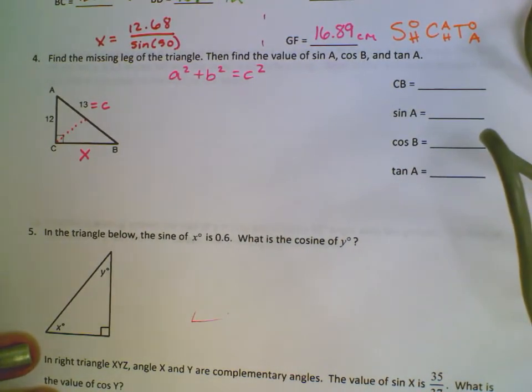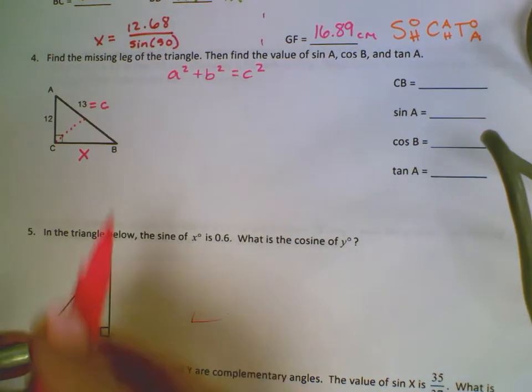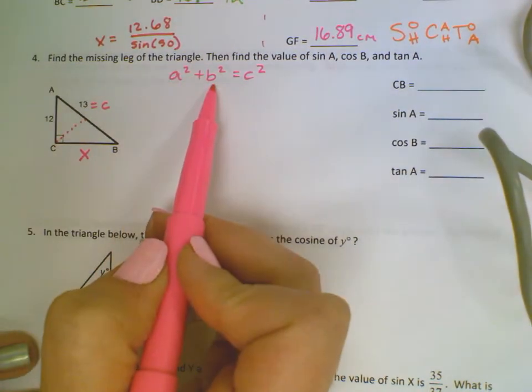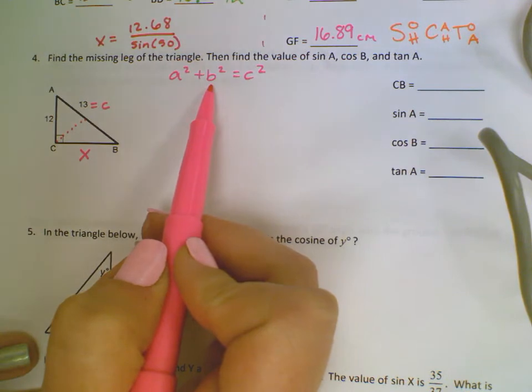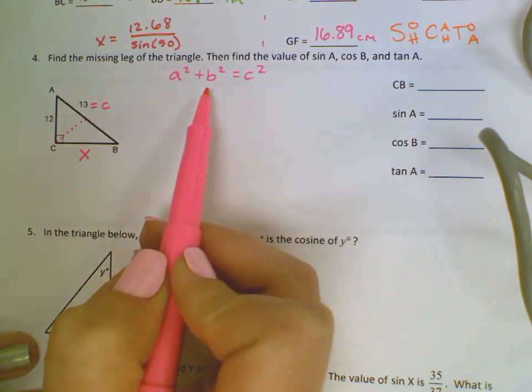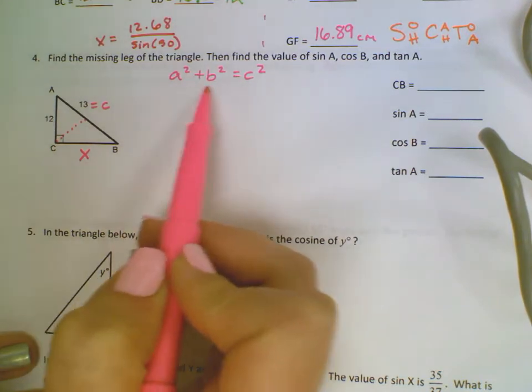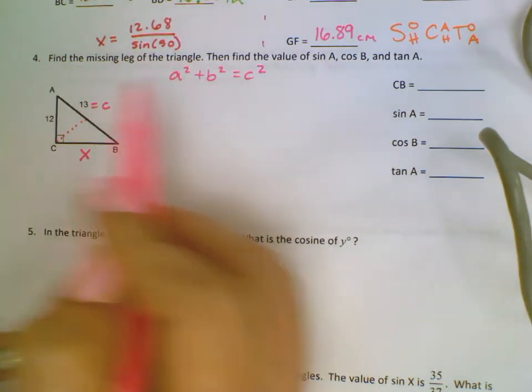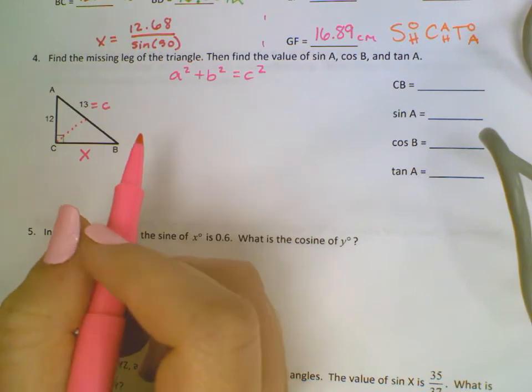From there, your A's and B's don't matter, because if A is 1 and B is 4, 1 plus 4 is 5, or if A was 4 and B was 1, 4 plus 1 is 5. When you're adding, it doesn't matter how you add things together. It'll still work out the same.